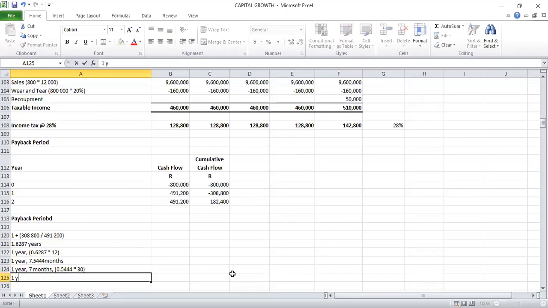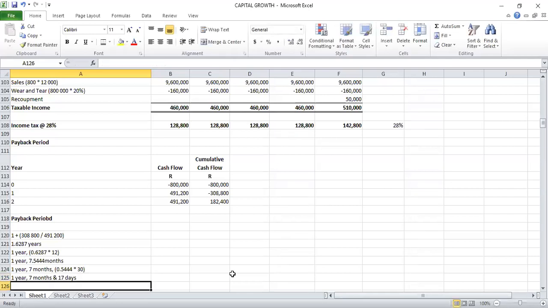So that would be 1 year, 7 months, and can you find 0.5444 multiplied by 30? So we can then say 17 days.